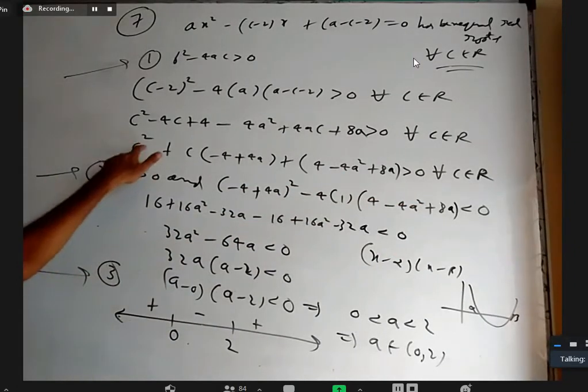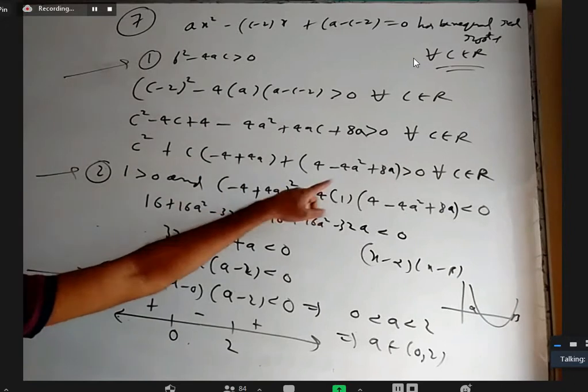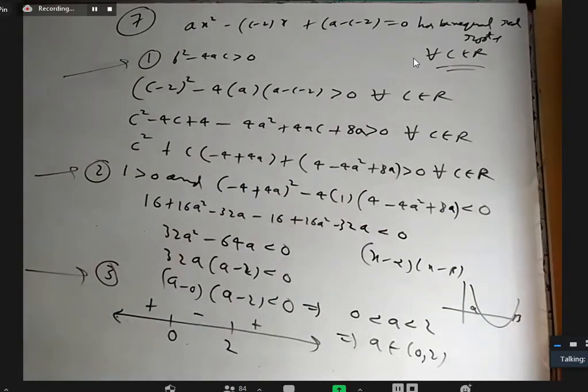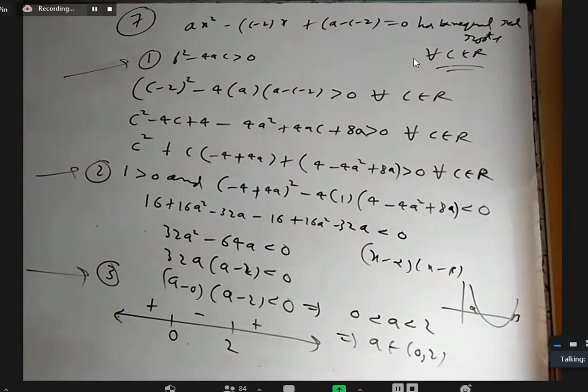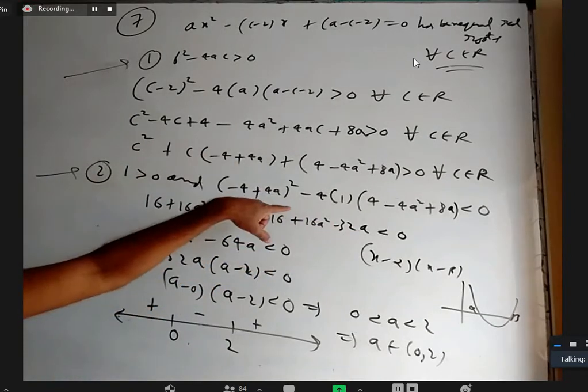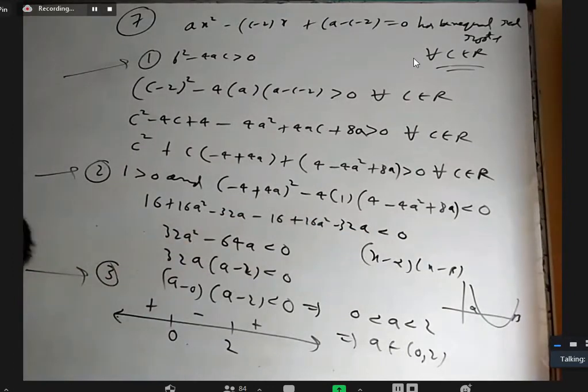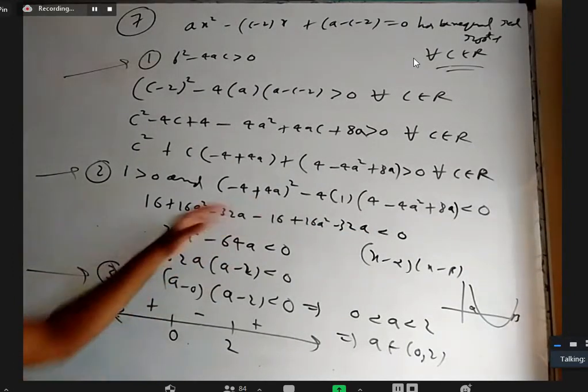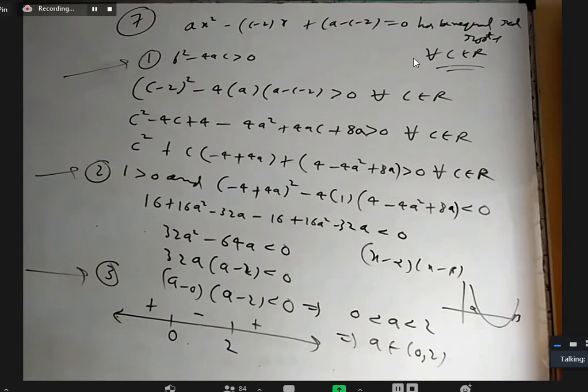Imagine x square plus x into something plus something should be greater than 0 for all x values. When will a quadratic expression be greater than 0 for all x values? The roots should be complex and the leading coefficient should be positive. Leading coefficient 1 is positive. Roots should be complex, which means the discriminant b square minus 4ac should be negative, after expanding and simplifying. Understood, sir.